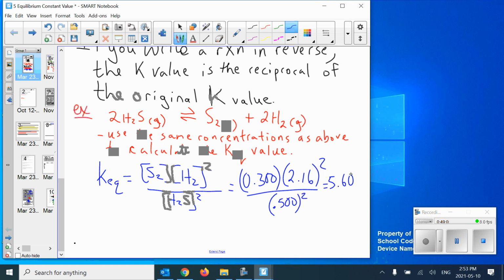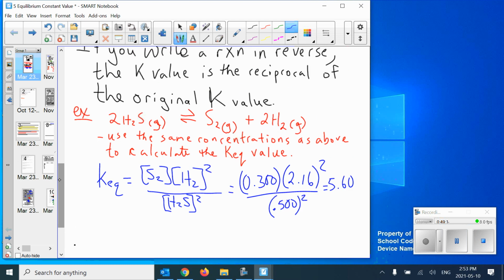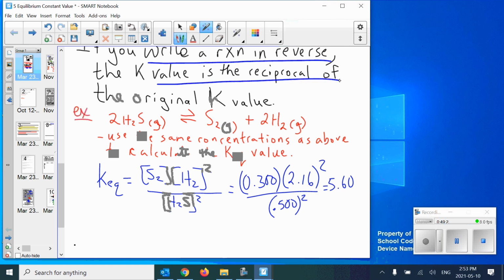Now, what we can do, we're not taking advantage of what I wrote in red. Use the same concentrations as my calculated K2 value. Fine. But if we were told to write the reaction in reverse, the K value is the reciprocal of the original.